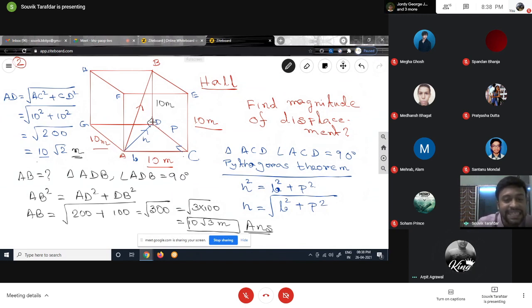In the ACDG plane, the AD straight line lies. Now, the BD straight line is perpendicular to plane ACDG. That's why any straight line you draw, since that line lies on the ACDG plane, will be perpendicular to the straight line which is perpendicular to this plane.